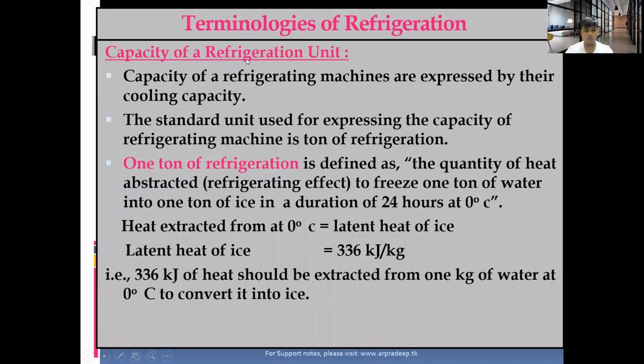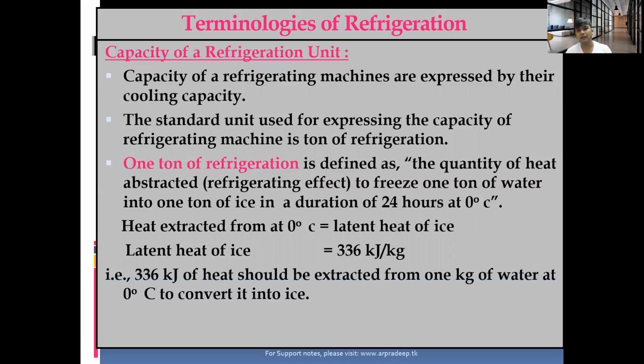And now we'll see the capacity of refrigeration. When we discuss refrigeration, what is the capacity? People ask what the units of refrigeration are, how much is the quantity, the capacity. Then people take these units in terms of tons. You might have heard of this ton in your refrigerating units also.